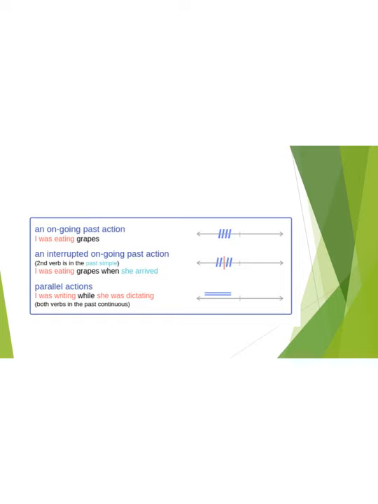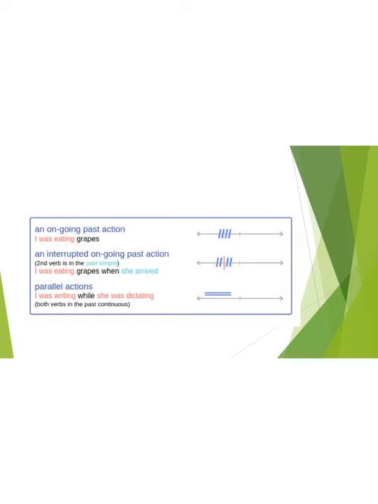The second situation, that is the example that we used, an interrupted ongoing past action. Usually, we have one action in past continuous tense, and the action that is interrupting the ongoing action would be in past tense. For example, I was eating grapes when she arrived.